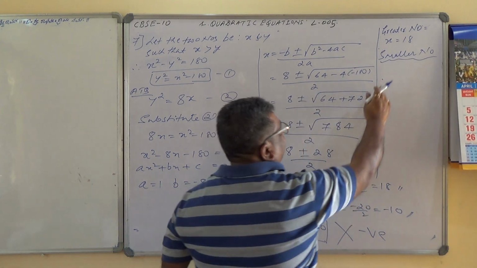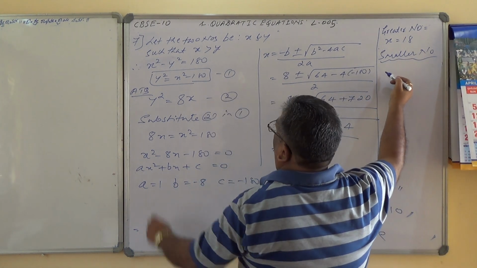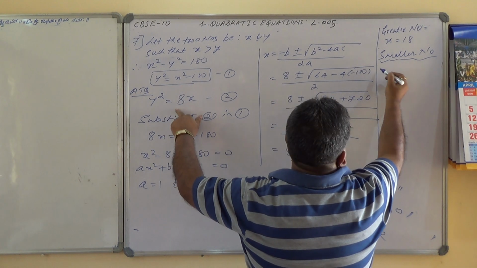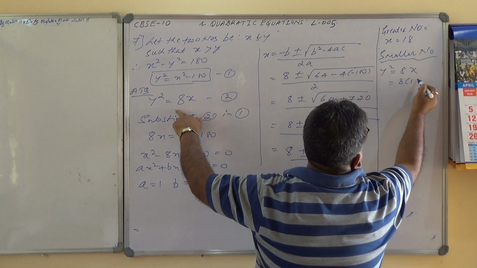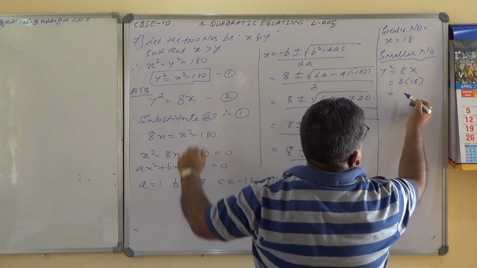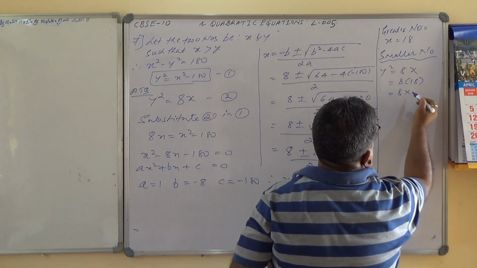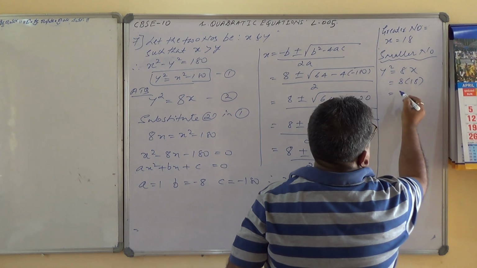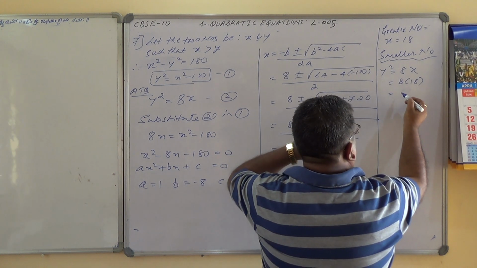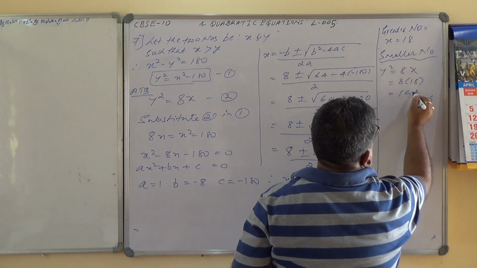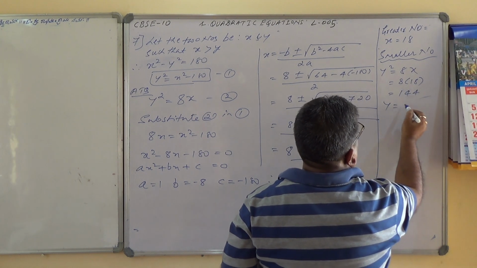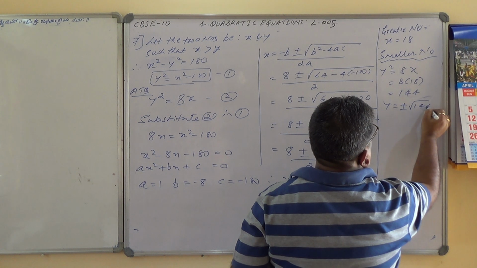Y square is 144, so y is equal to plus or minus under root of 144.